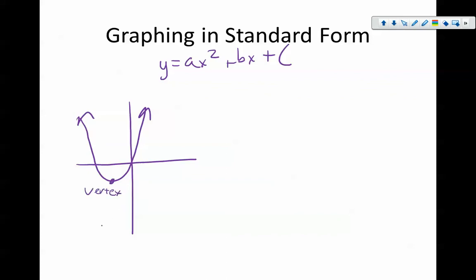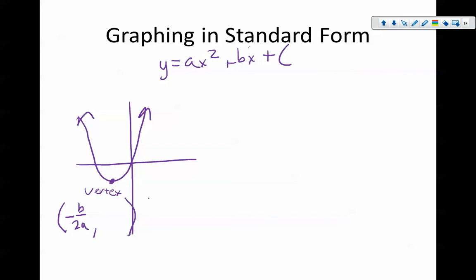And the vertex has a special relationship, okay? The value of x on the vertex can be determined by taking -b over 2a, meaning I take this value divided by 2 times this value.